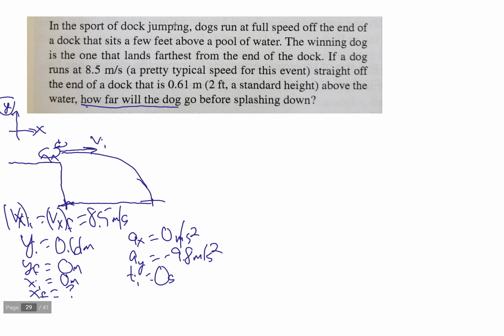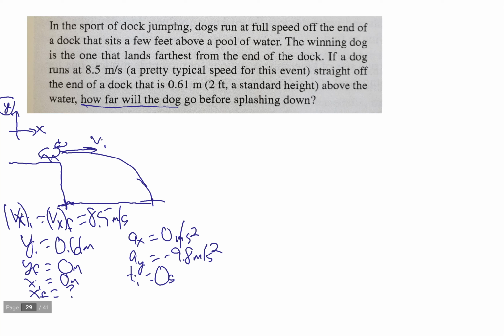I can figure out t sub f. I can figure out t sub f by using free fall, because I know the height of the dog to start. Because of gravity, I can figure out how long it's going to take the dog to hit the water. And once I have that, I will have my t sub f for both the y direction and the x direction.